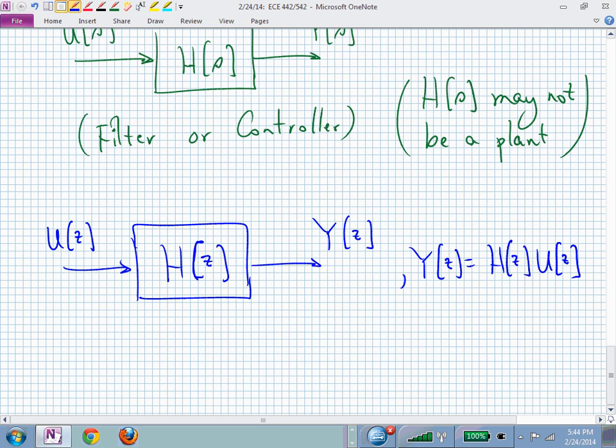And U might be as simple as a step, and that's maybe something on homework number 3. I might say apply a step input to this system.